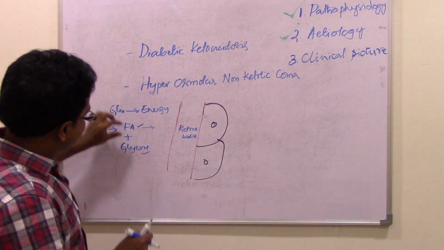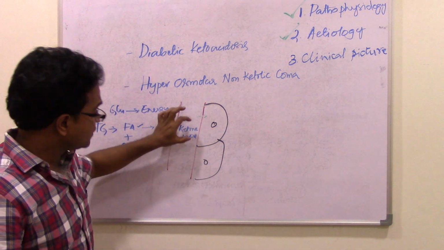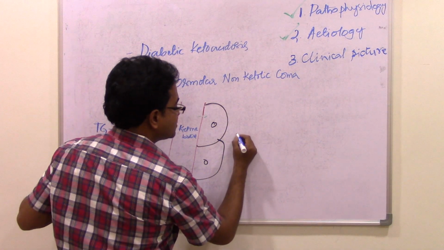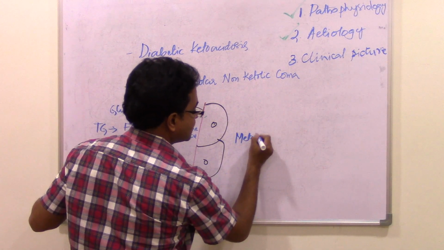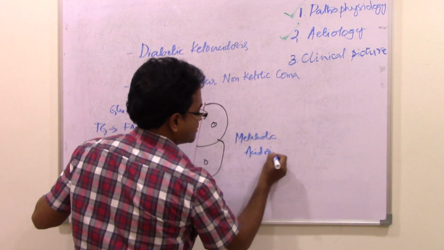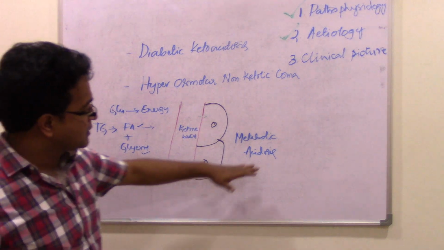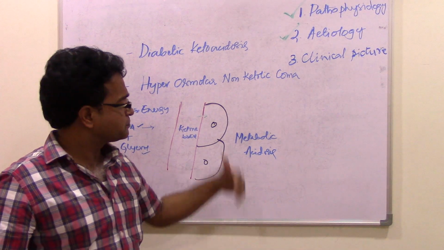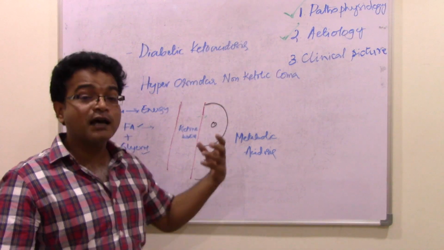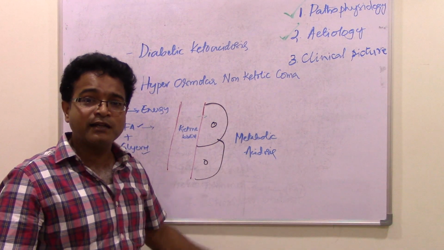Right? Oxidation of fatty acids leads to ketone bodies, and they in turn cause what is known as metabolic acidosis. We'll do a separate class to discuss acidosis and alkalosis, both metabolic acidosis and metabolic alkalosis, as well as respiratory acidosis and respiratory alkalosis.